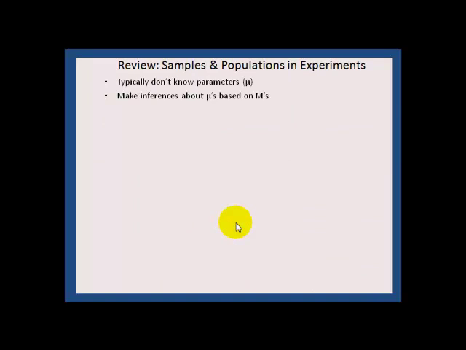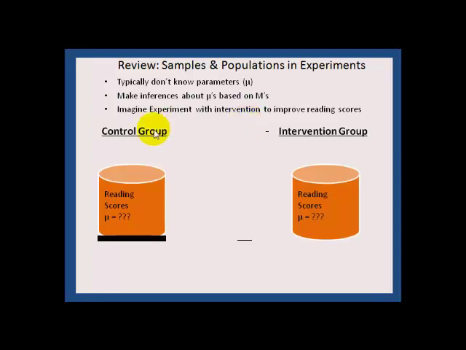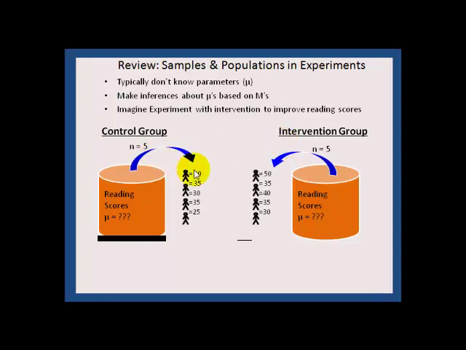So in an experiment, we typically don't know the population parameters, and we have to make inferences based on the sample means. Imagine an experiment where you're trying to improve reading scores. We have a control group and an intervention group, the intervention group being the ones that were treated differently. Let's say we take 5 from each population and have their scores on the reading test. It looks like the scores from the intervention group are higher than those from the control group.